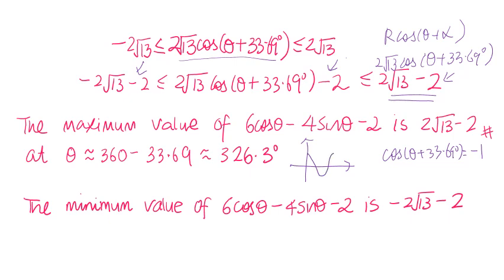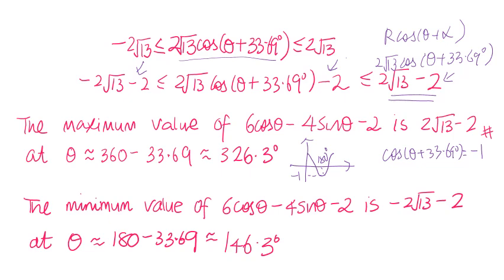That's why you need to make friends with the cosine curve. All these values are very important. Cosine 180 degrees will give you negative 1. That explains why I use 180 minus 33.69 degrees to give you 146.3. So this is one kind of typical question that you may be tested on using the R formula.